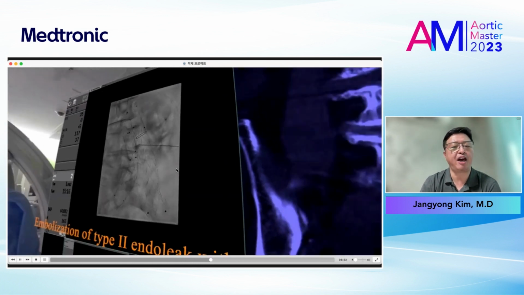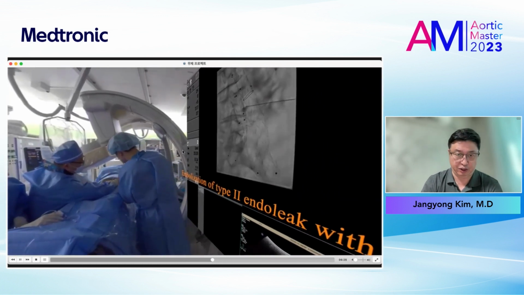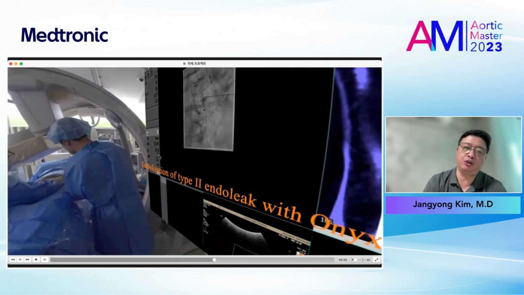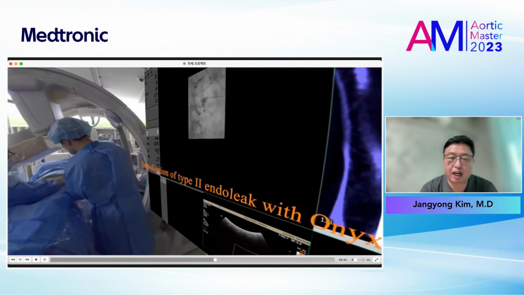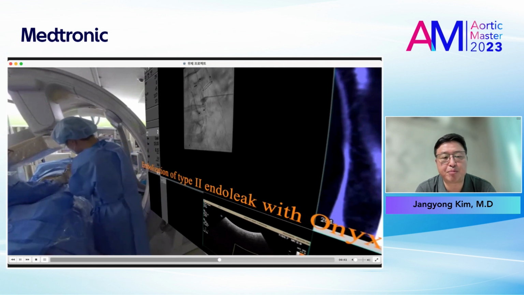So in Korea, we have Onyx liquid embolic agent. So we tried to embolize these lesions using Onyx. Onyx is easier to use than histoacryl embolic agent. We used 2 cc of Onyx this time.